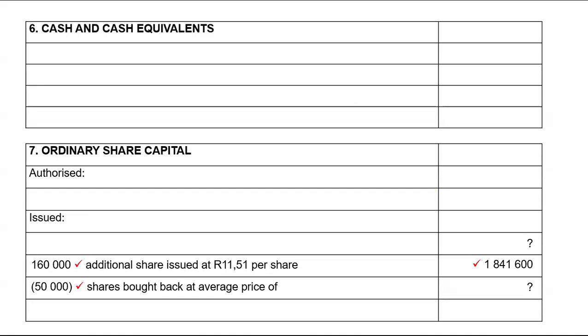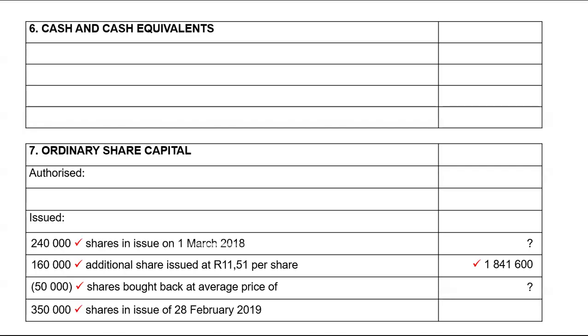So number of shares at the end of the year will be 350,000. Share capital at the end of the year will be that 5 million. Before I get to the 5 million, I worked out number of shares at the beginning by taking this 350, adding the 50,000 minus the 160. At the beginning of the year, I've got 240,000 shares.